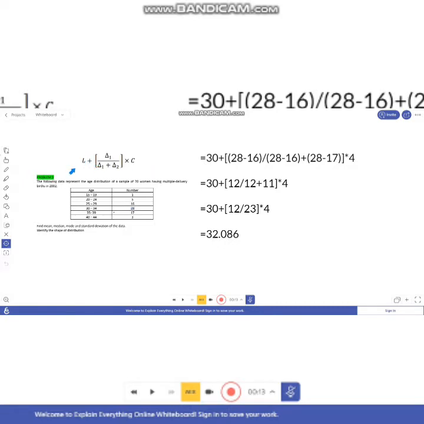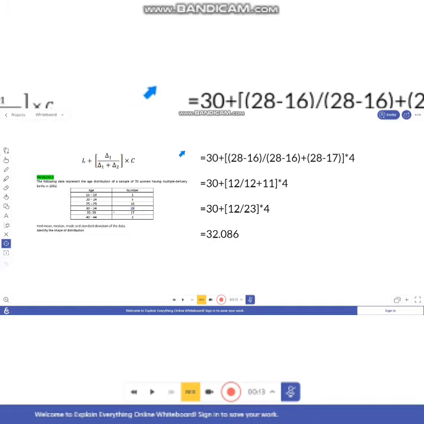The formula here is L plus delta 1 over delta 1 plus delta 2 times C. L means the lower boundary of the class containing the mode, and delta 1 is the difference between the frequency of the class containing the mode and the frequency of the class before it. And delta 2 is the difference between the frequency of the class containing the mode and the frequency of the class after it. And C means the width of the modal class.